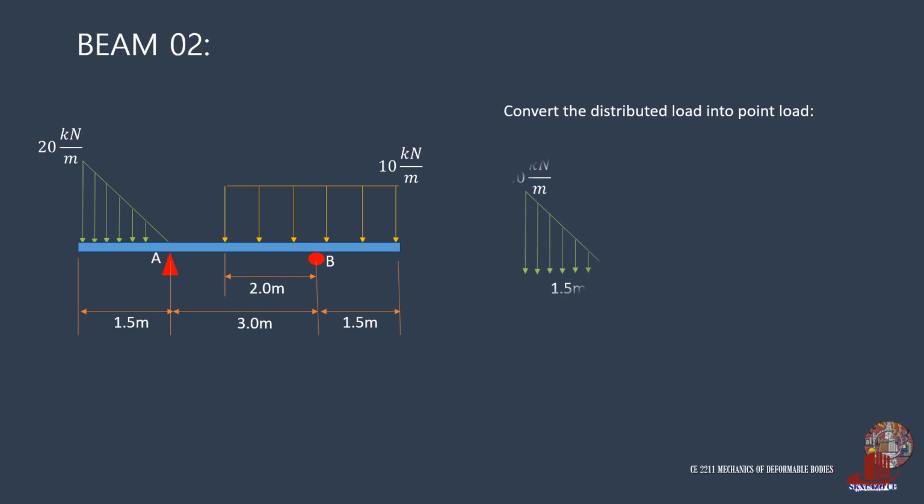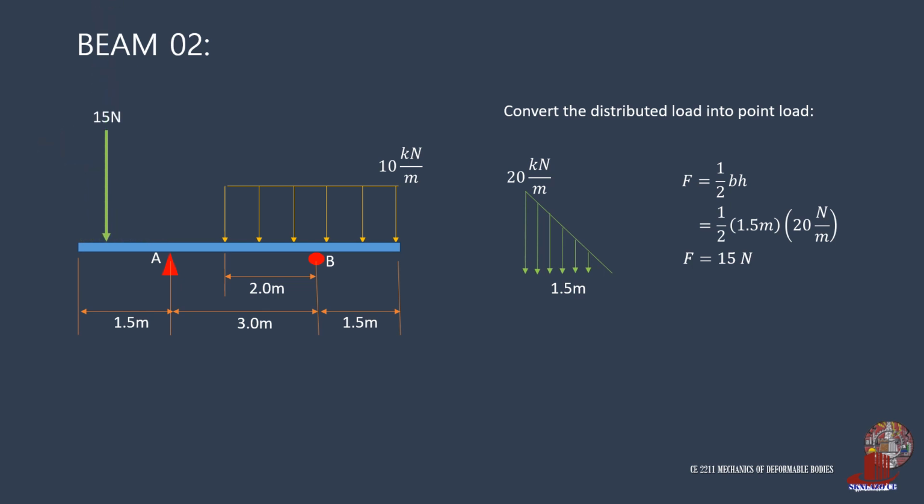The magnitude of the triangular load is computed from the area, which is half of base times height. Take that as half of 1.5 meters times 20 newtons per meter, which is equal to 15 newtons. The location of the loading is at 0.5 meters from the left or 1 meter from support A. The rectangular load is simplified by computing base times height.